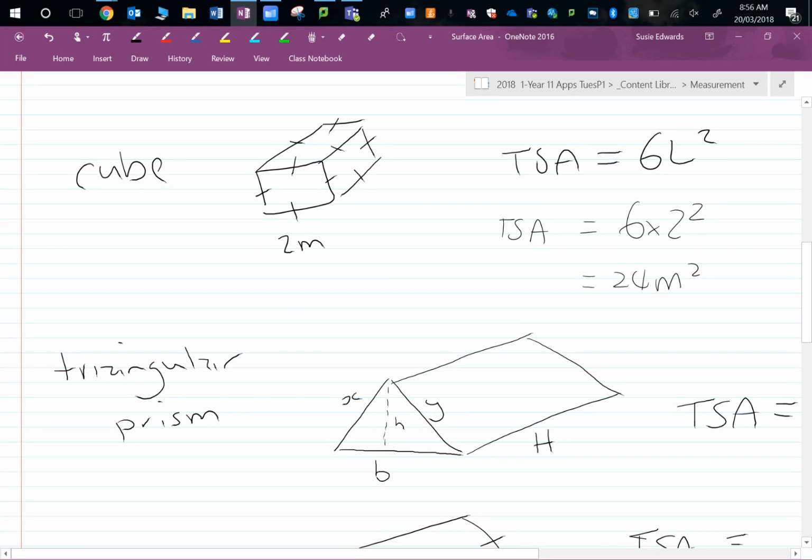Because you have to find the area of the triangle, we need a differentiating factor between them. So I've just used a lowercase h versus an uppercase H, but you need to know the perpendicular height of the triangle to work out the area of the triangle.